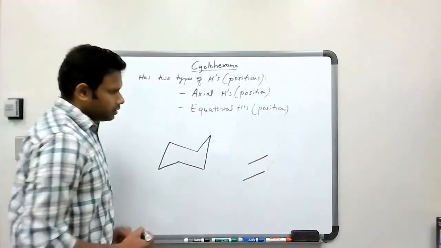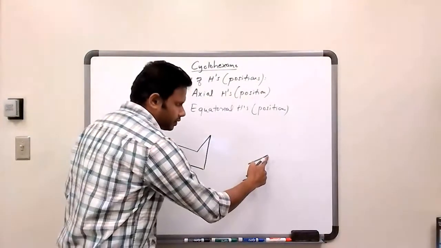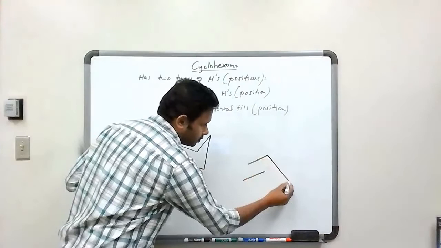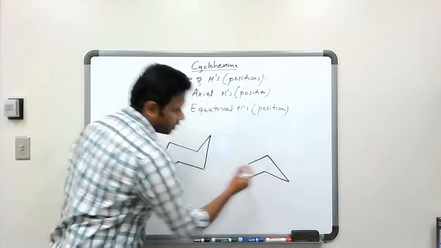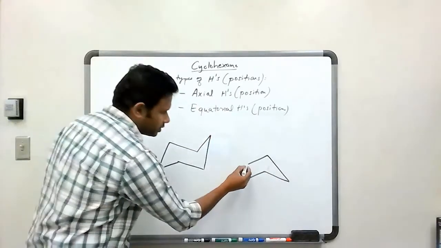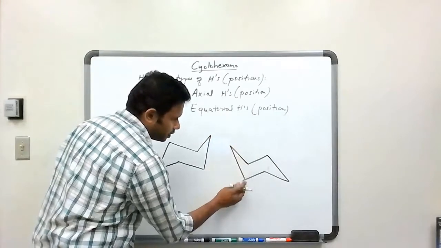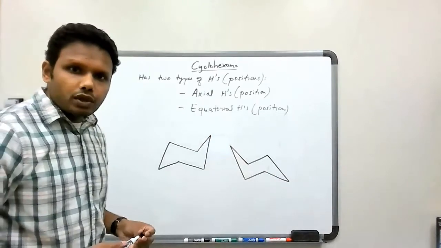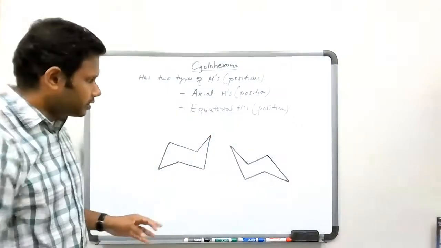Then I'm going to do something similar. From the tip that is pointing up, I will draw a line going down and then join the other line at the tip that's pointing up. And then from the tip which is pointing down, I will go up and then come down to meet the other line. And I've got the two chair conformations, the skeleton is there.